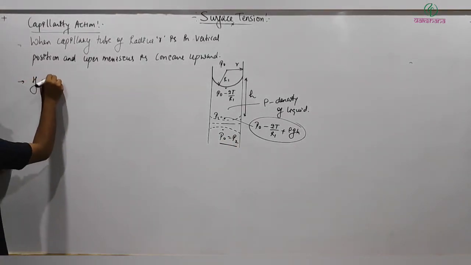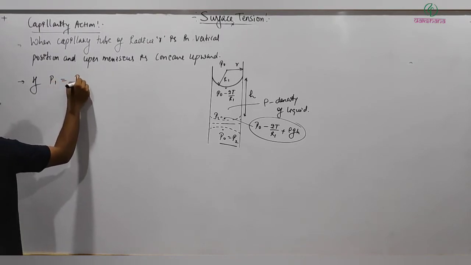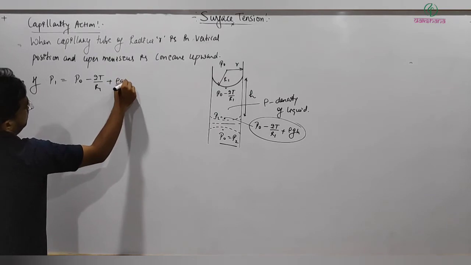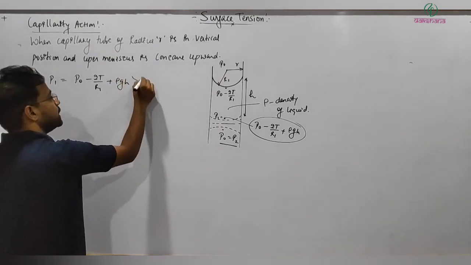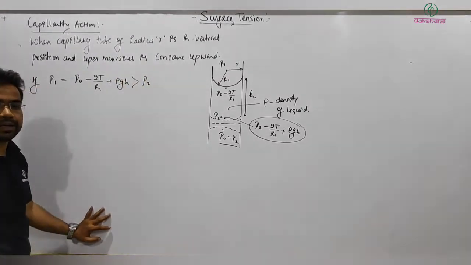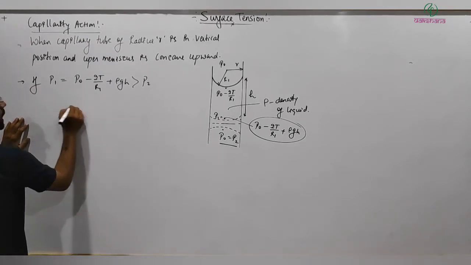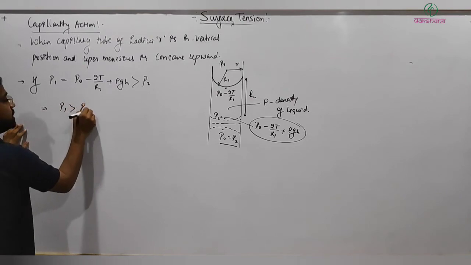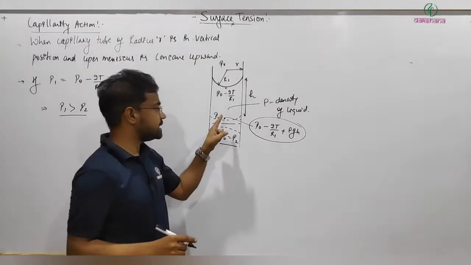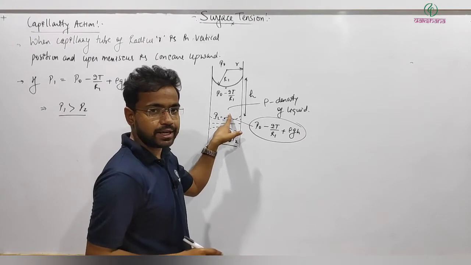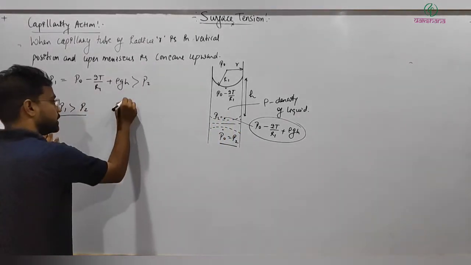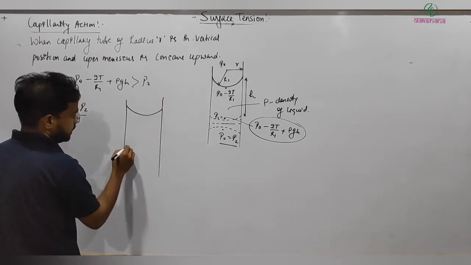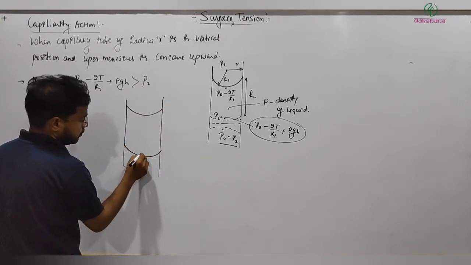If P1, equal to P naught minus 2T by R1 plus rho g h, is greater than P2, that means the pressure is higher on the upper side. So in this situation, the meniscus must be like this.